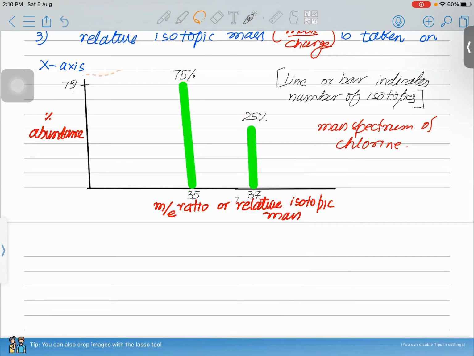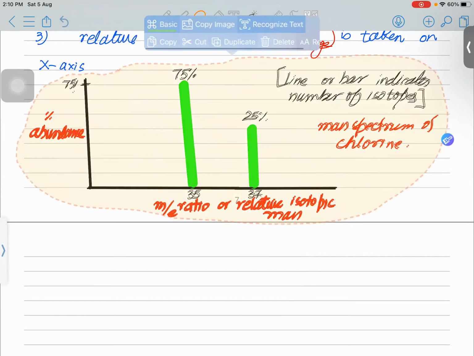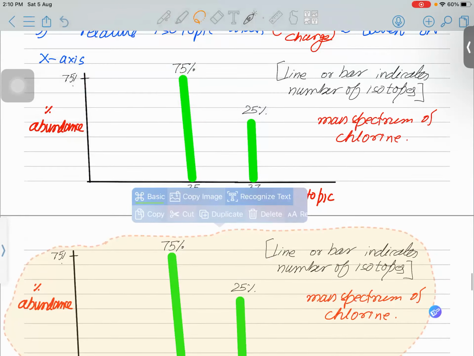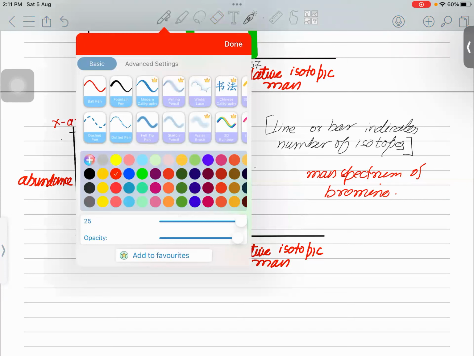Now the last one, this is your last one. Here you have abundance. This is the mass spectrum of bromine. On the y-axis, you have only abundance.